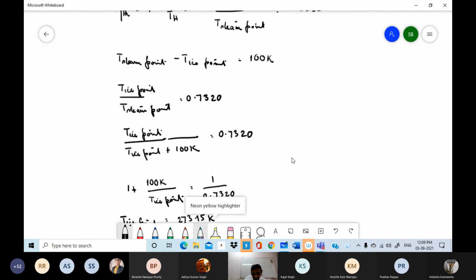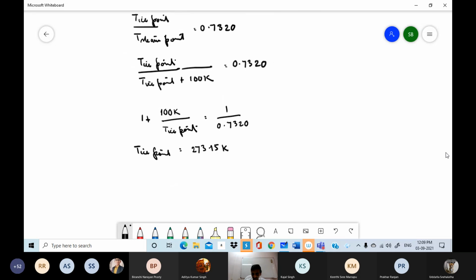So it should have been given with higher accuracy. So when it's given with proper accuracy, what you get is this. And if this is 273.14, so this is how the thermodynamic temperature scale is defined.